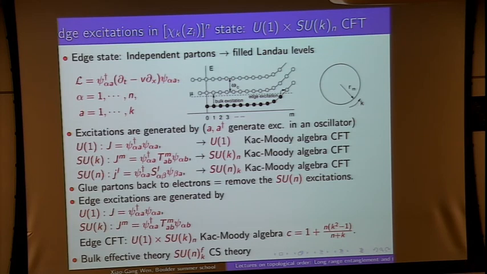So what? Well, those bosonic operators can, vaguely, be viewed as raising and lowering operators in an oscillator. In an oscillator, if you know the raising and lowering operators, you can generate all the excited states.